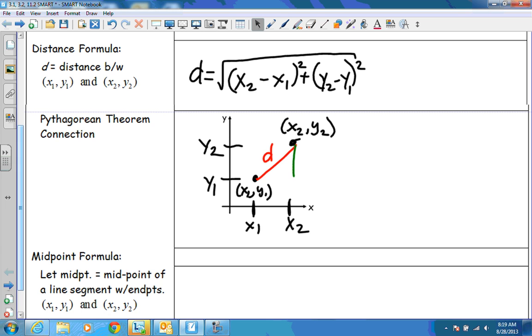So I'm going to go ahead and make a right triangle. And what's the Pythagorean theorem for a right triangle? A squared plus b squared equals c squared.